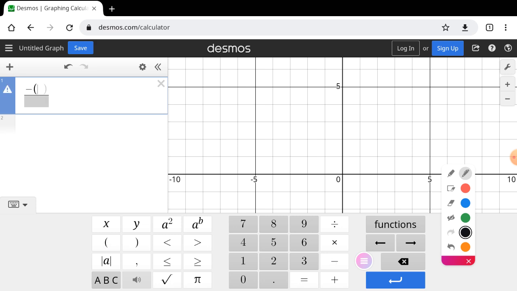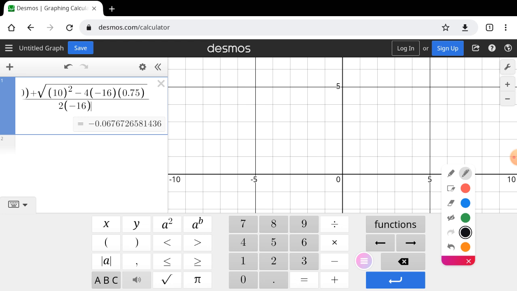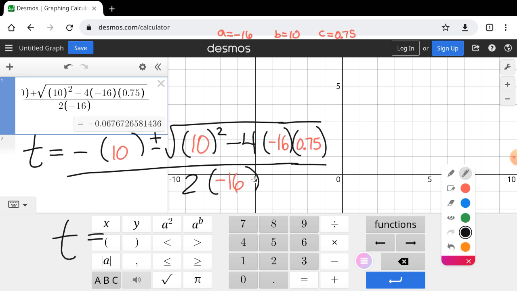Negative b, so negative 10, plus square root of b squared minus 4 times a, negative 16, times c, 0.75, all over 2 times a, negative 16. All right, so there's one answer, negative 0.067, and we're rounding to the nearest hundredth, so negative 0.07.